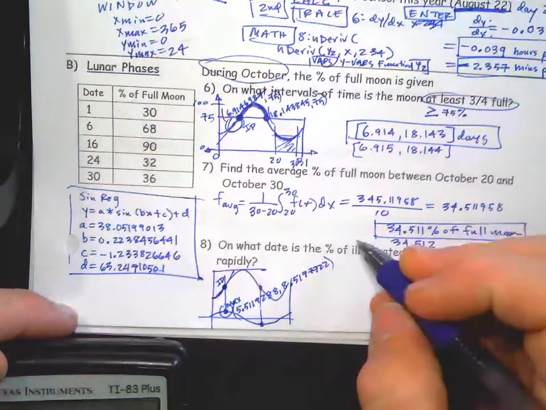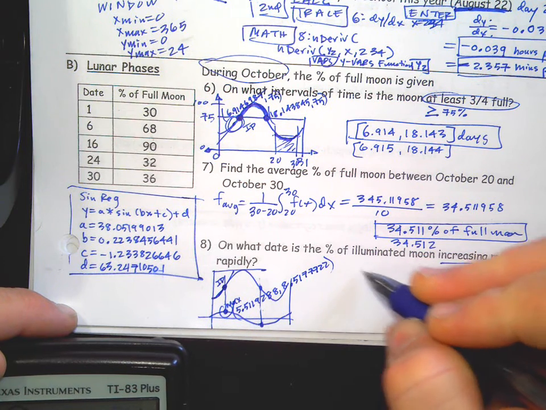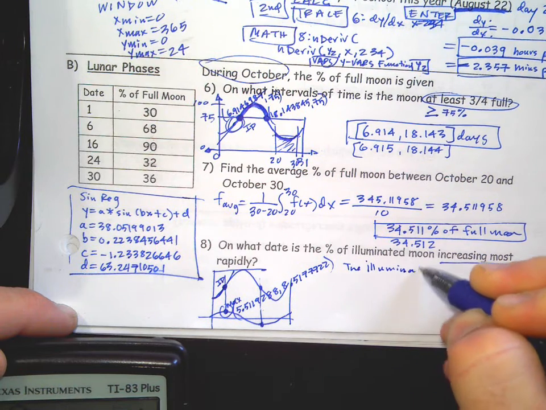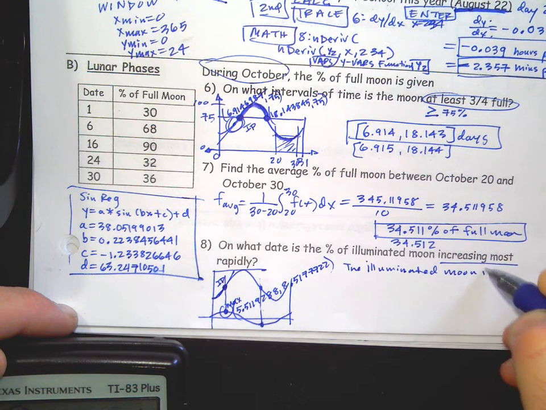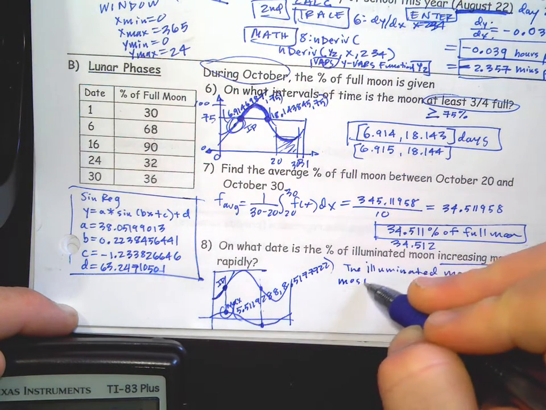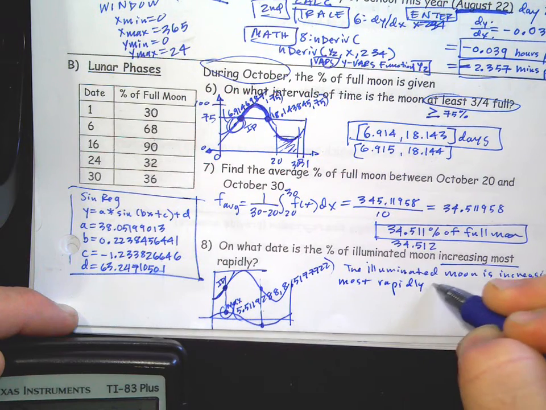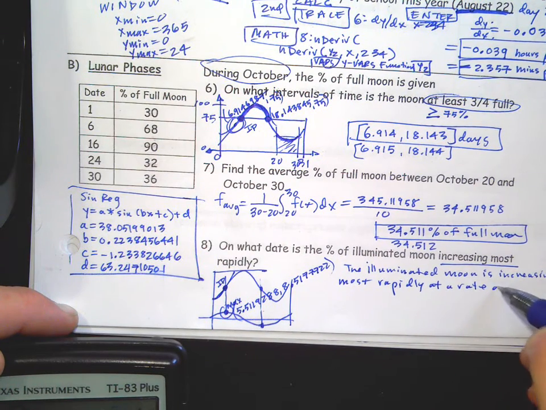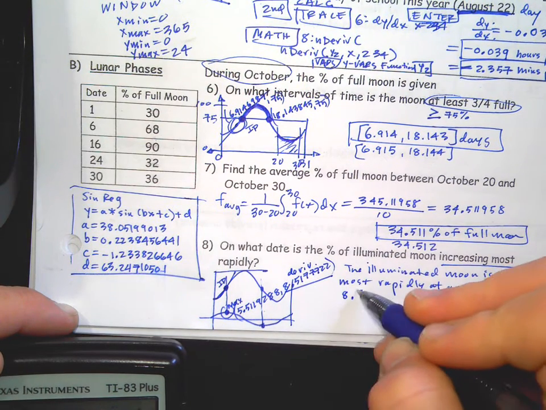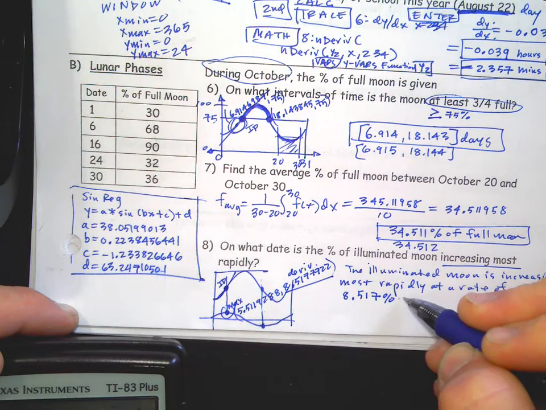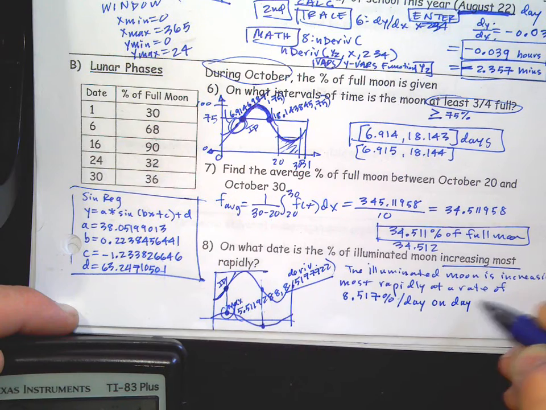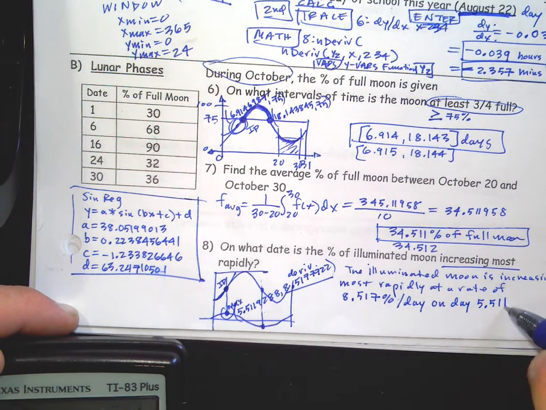So we're going to say, the illuminated moon is increasing most rapidly at a rate of, now this is the derivative, this is the slope value, okay, rate of 8.517% per day on day 5.511.